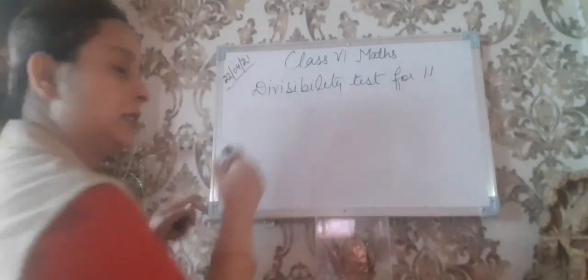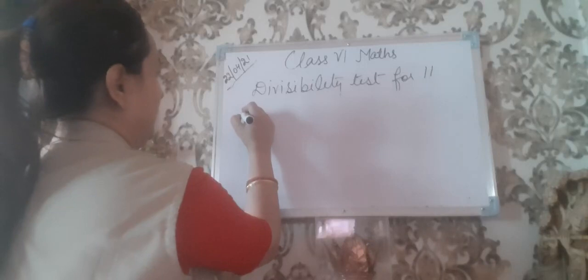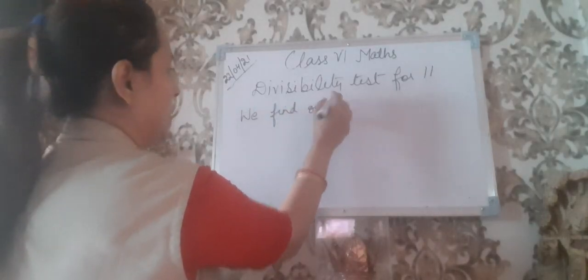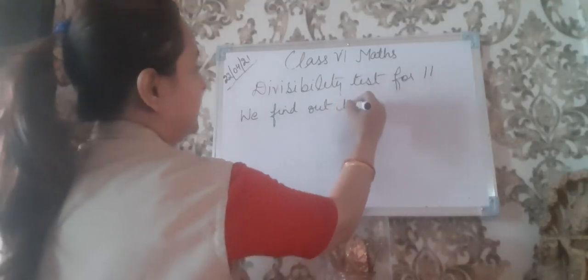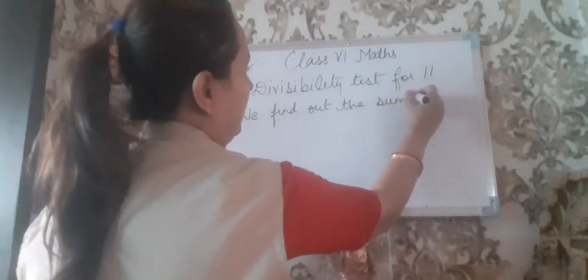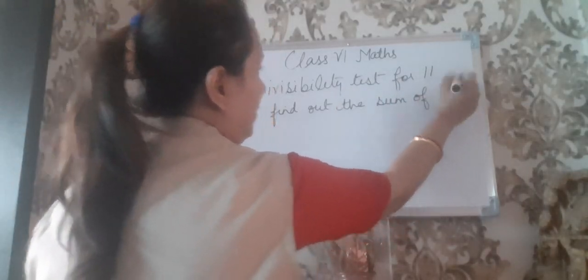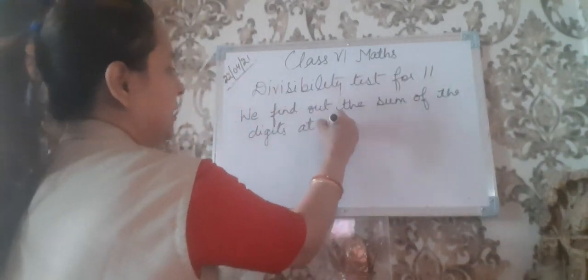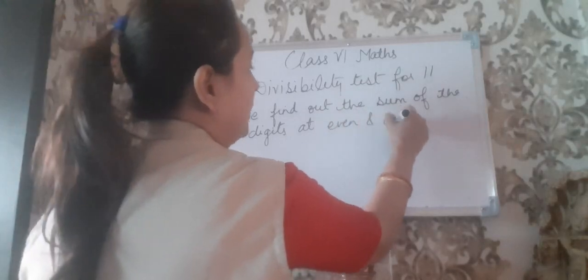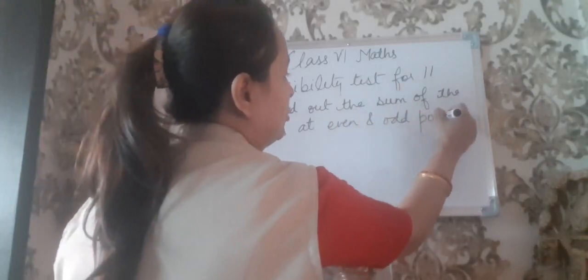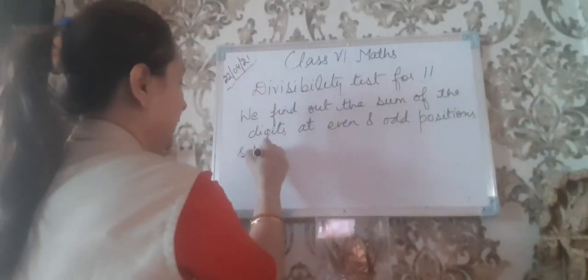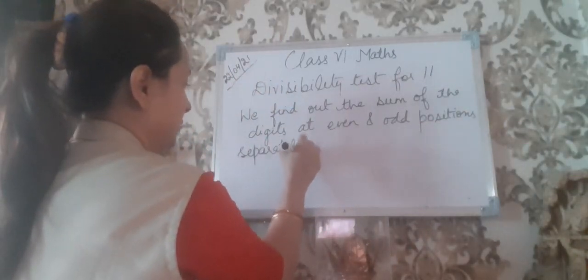So we will write, we find out the sum of the digits at even and odd positions separately. Fine.